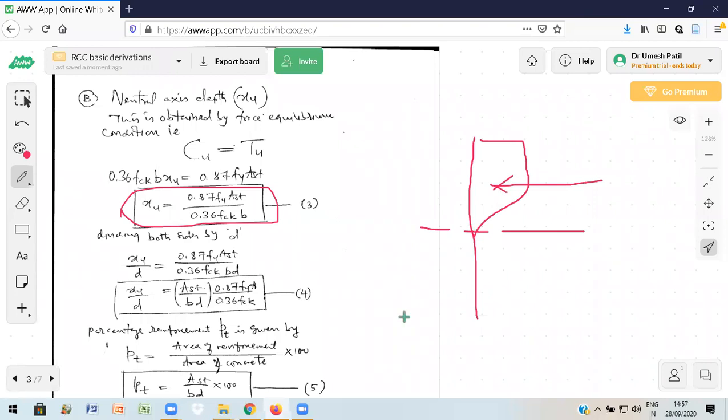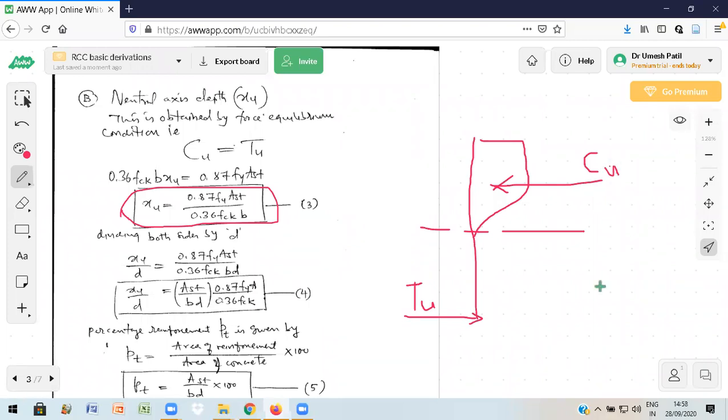And I'll draw one more like this, I'll call it total tension. That is the total tension produced in the steel rods, and the compression produced in the compression zone, Cu and Tu.